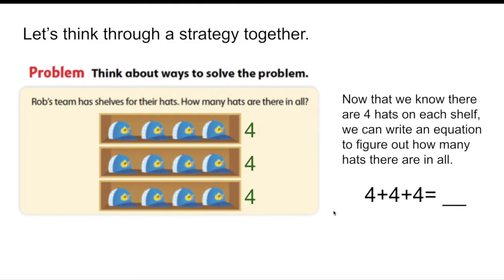Now that we know there's 4 hats on each shelf, we can write an equation to figure out how many hats there are in all. 4 plus 4 plus 4. That would give us how many altogether. The math word for the answer to a problem where we're adding is the sum. So we want to figure out the sum of 4 plus 4 plus 4.